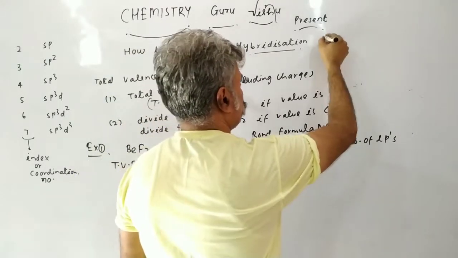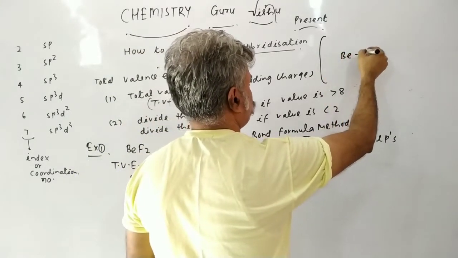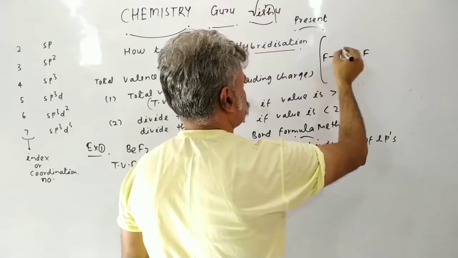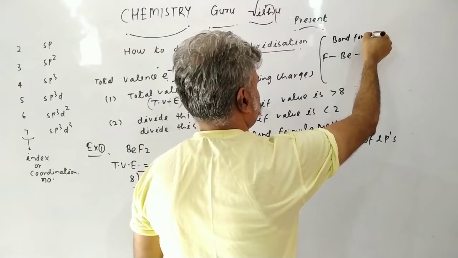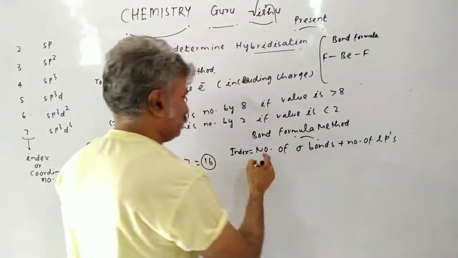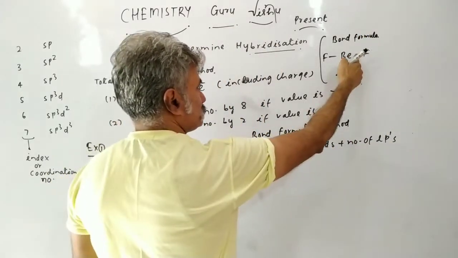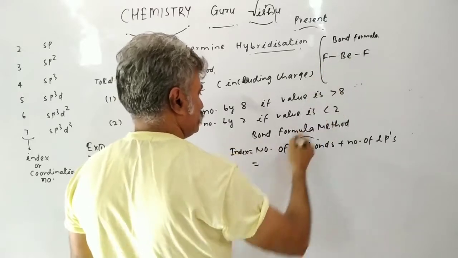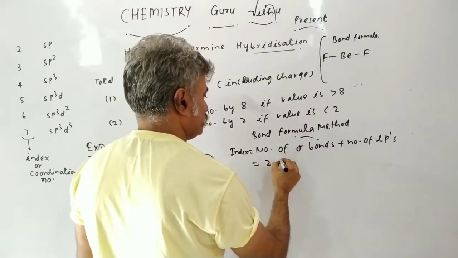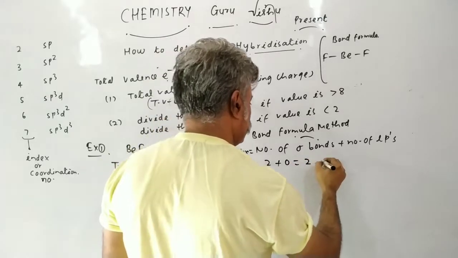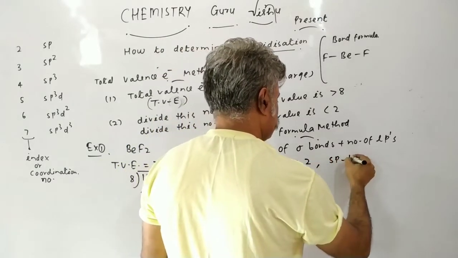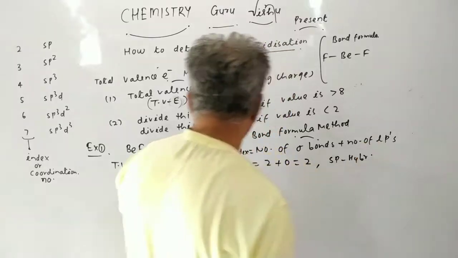So suppose this is BeF2, this is the bond formula. Number of sigma bonds here: 2 sigma bonds, and there is no lone pair, so total is 2. 2 means sp hybridization.